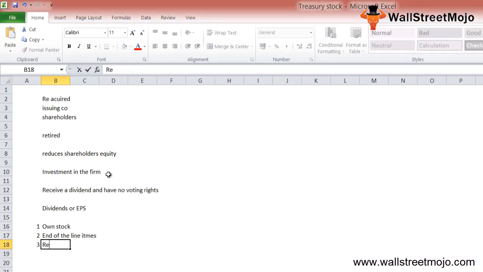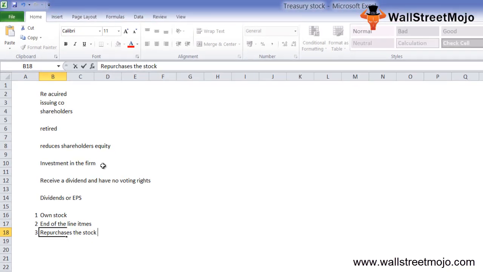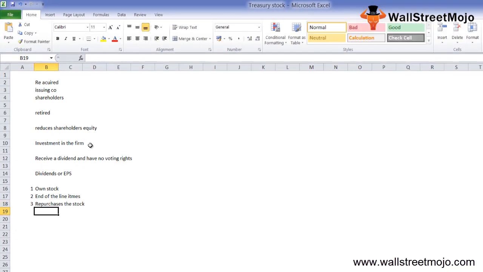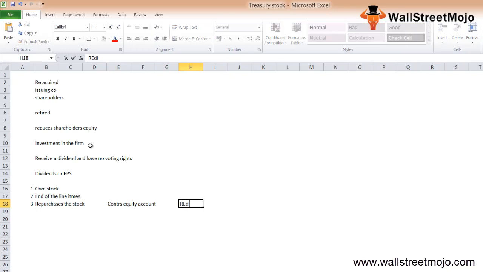When the company repurchases the stock, the expenditure due to repurchase is recorded in a contra equity account. The direct effect of a treasury stock transaction is a reduction in the number of shares.